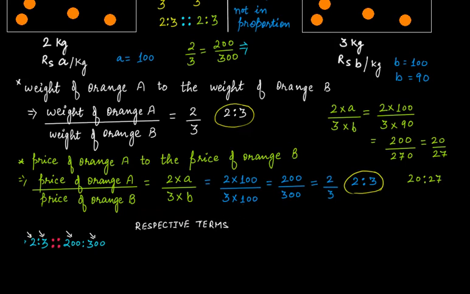Okay, and this 2 and this 300 will be the extreme terms of any proportion, extreme terms.